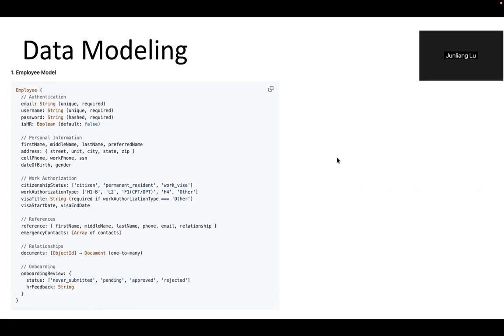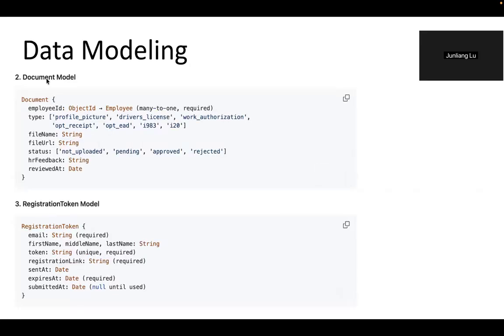For the data modeling, we have the employee model, which has personal information, work authorization, reference, documents array, and onboarding review status. We also have a document model and a registration token model. The document model is linked to the employee.